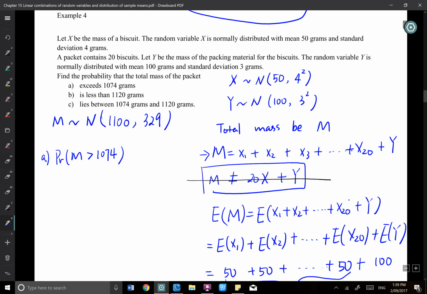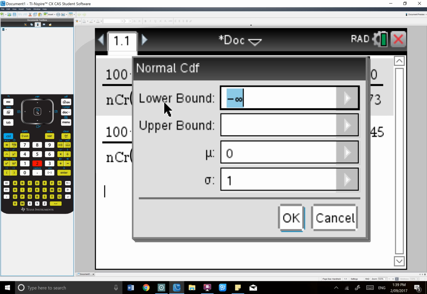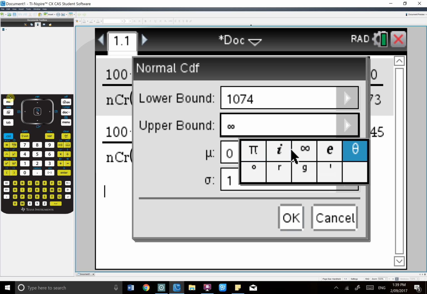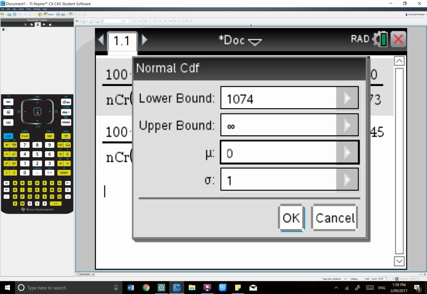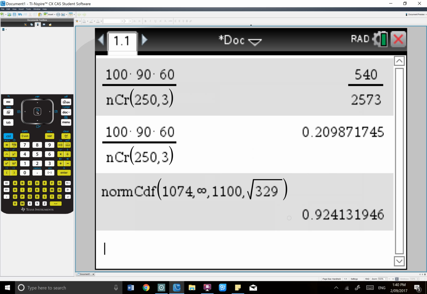So you use normal cdf from 1074 to infinity, with mu 1100 and standard deviation square root of 329. This value is 0.9241.